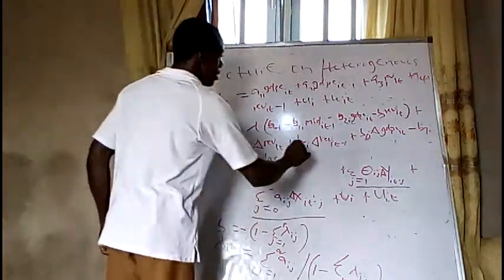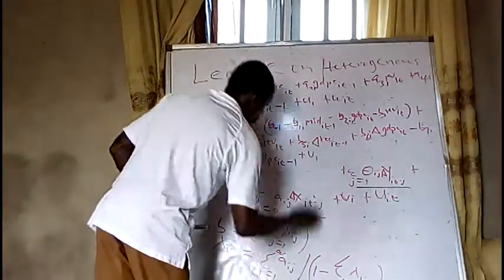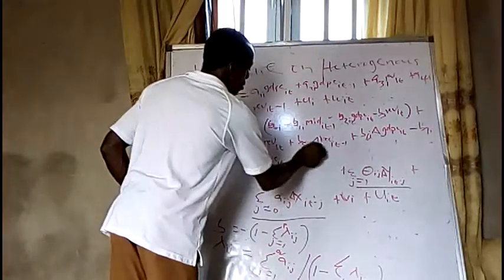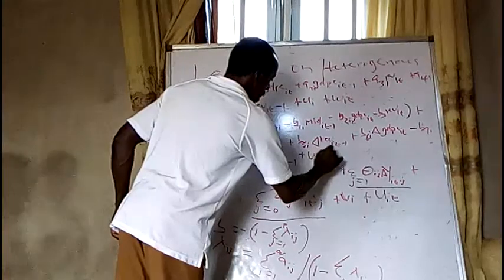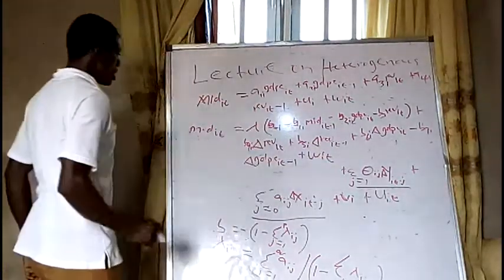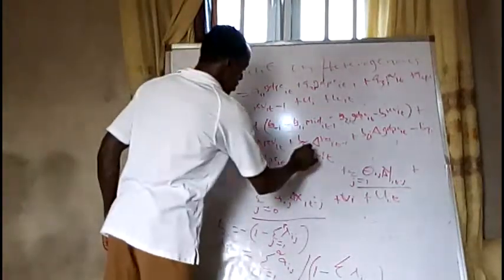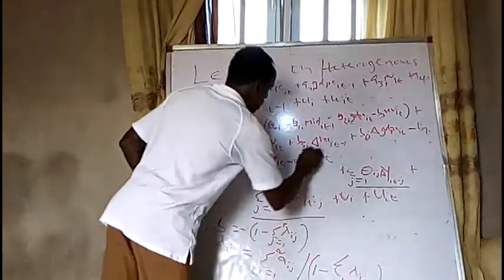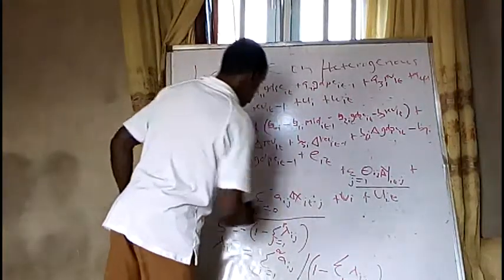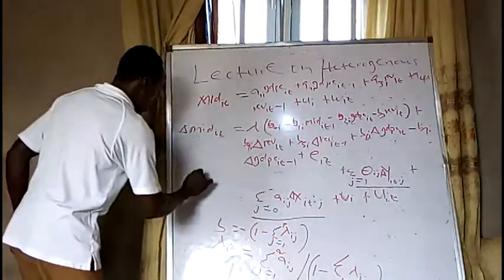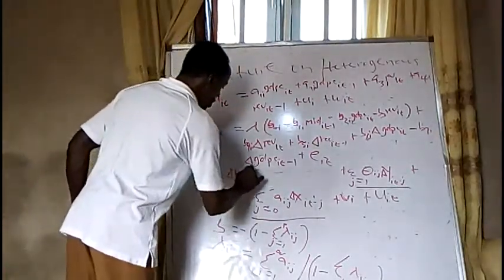Then plus VI must have gone because we've taken the change. Then plus WIT. Then this also will be a change, and this also will be, let me put EIT, in which case EIT is a change of WIT.